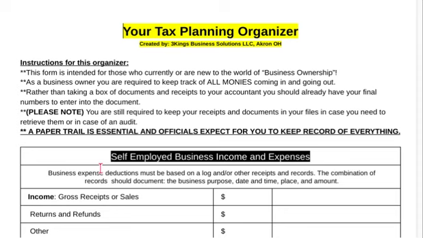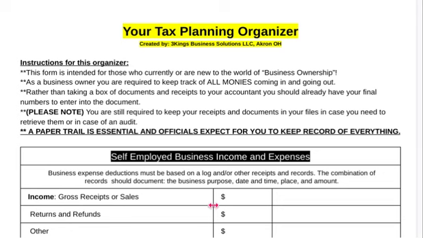Rather than taking a box of documents and receipts to your accountant, you should already have your final numbers to enter into your document. Please note you are still required to keep your receipts and documents in your file in case you need to retrieve them or in case of an audit. Now, remember, a paper trail is essential and officials expect you to keep records of everything.